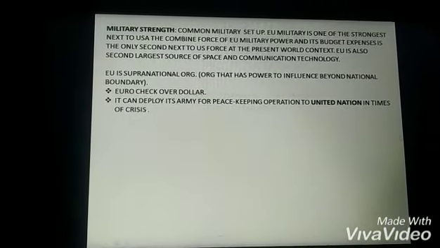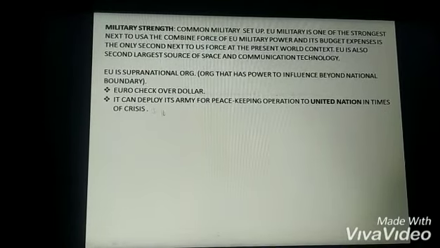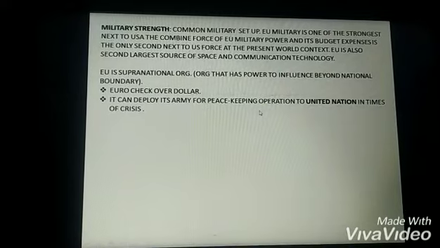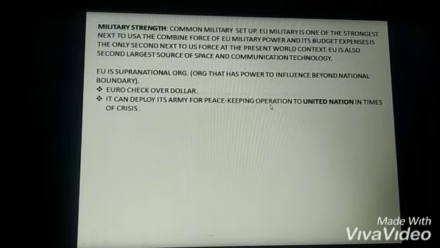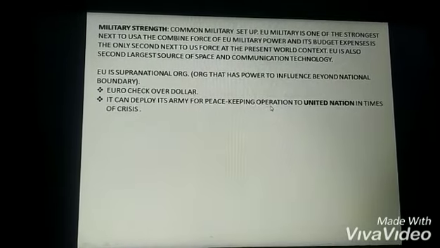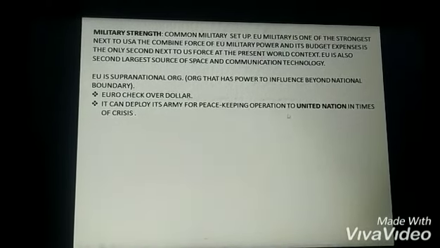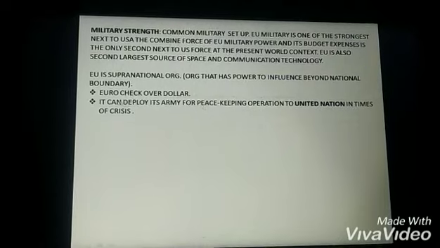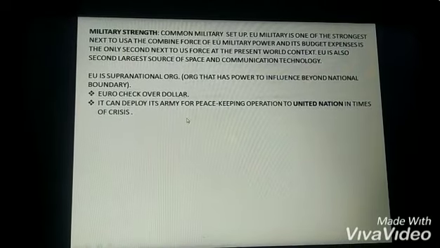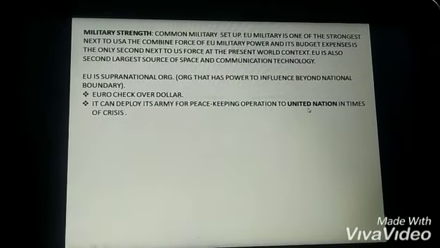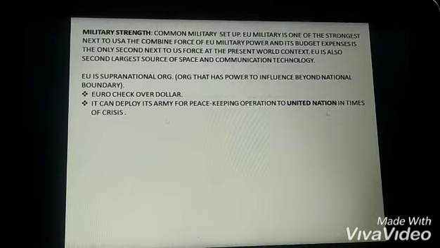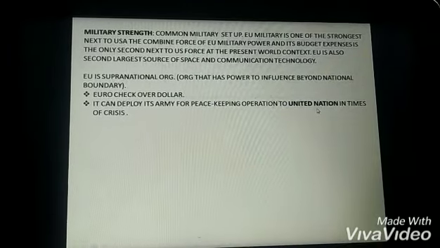Now, whenever the United Nations needs a peacekeeping force or army for a peacekeeping operation, like in Iraq or these Arabian countries, especially the war zones, this group of countries, the European Union, sends their army for peacekeeping operations to the United Nations.